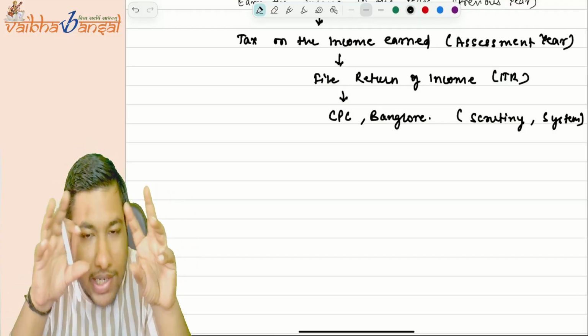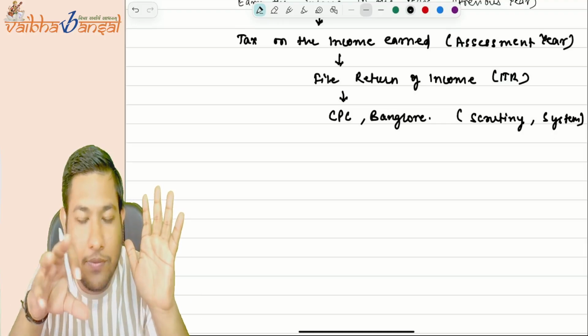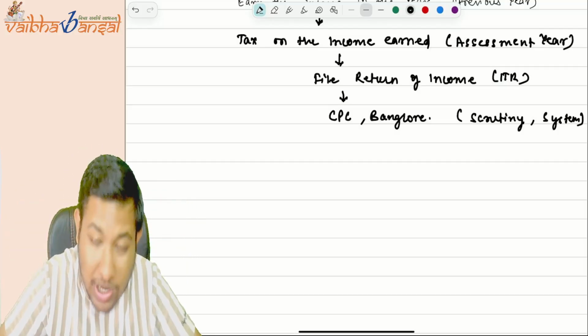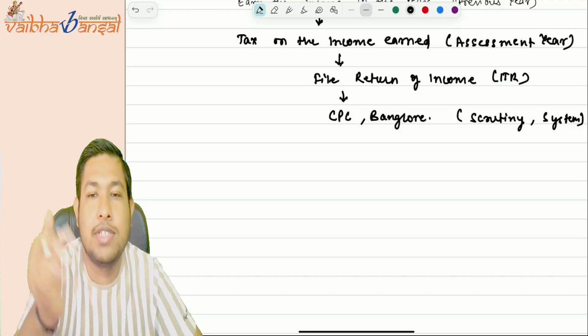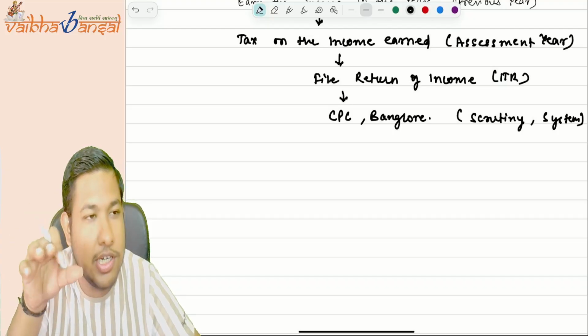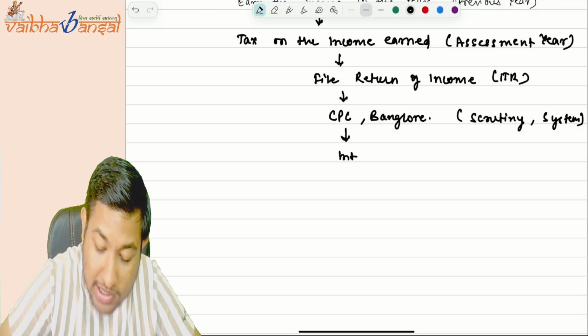At a glance, just a basic verification, and it will pass on any correction. If a correction is needed, it will send you a notice to correct your return of income, or if it is correct, it will finally give you an intimation.